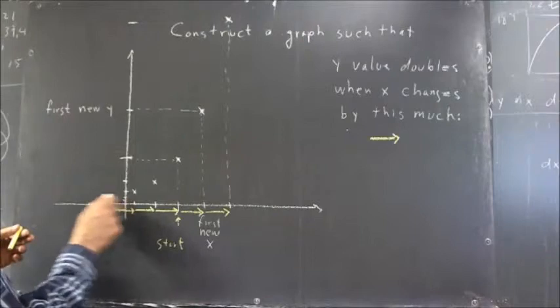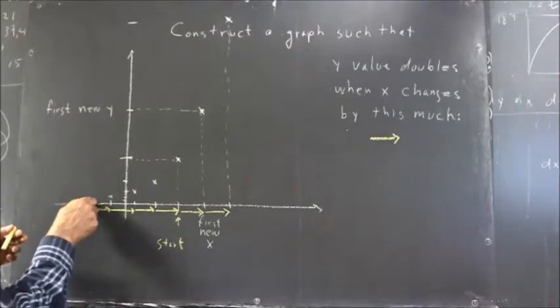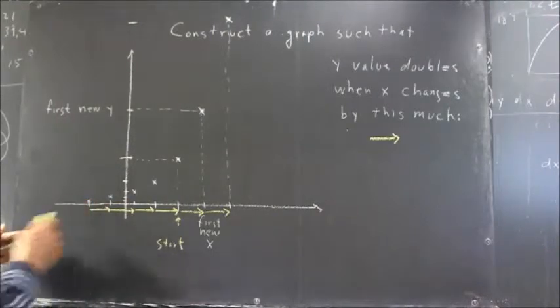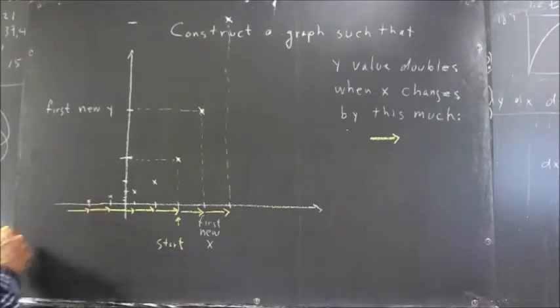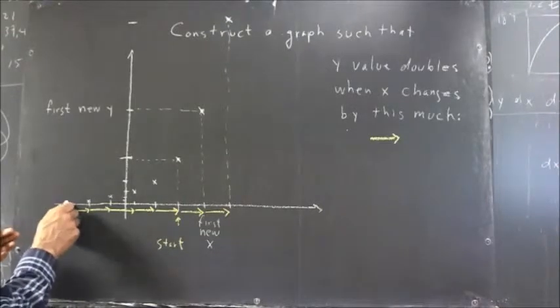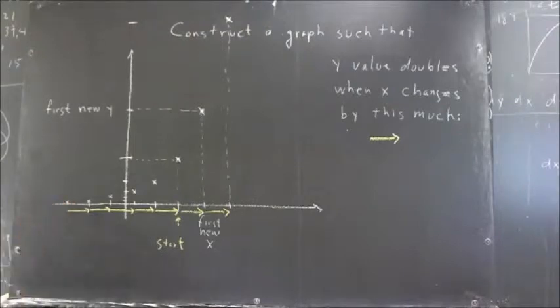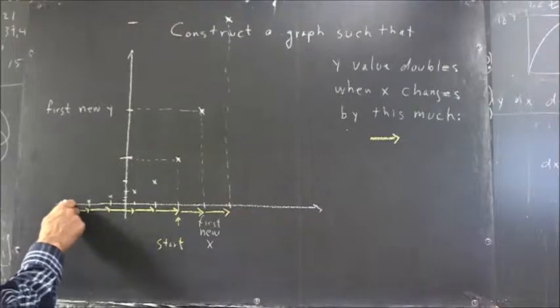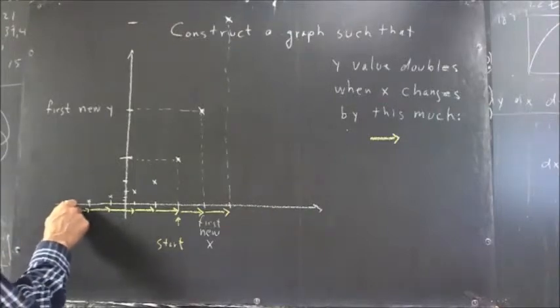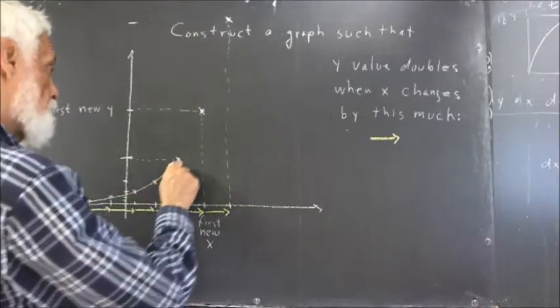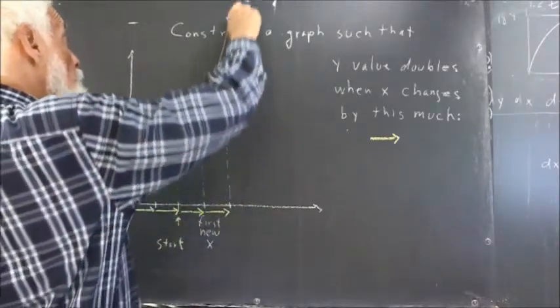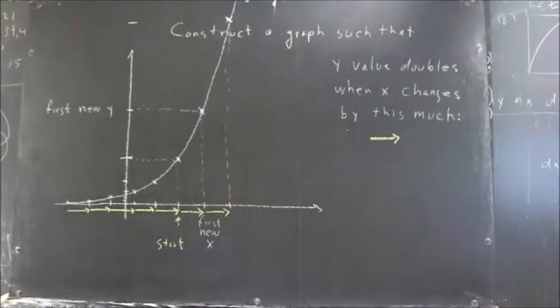Okay, we cut it in half again. That's going to put us about here. And we can go one more. Move x over this way and cut the value in half. And now we're down pretty close to the axis, and it's going to get impossible to really draw it. Now, I can sketch a nice smooth curve that goes through all of these points.